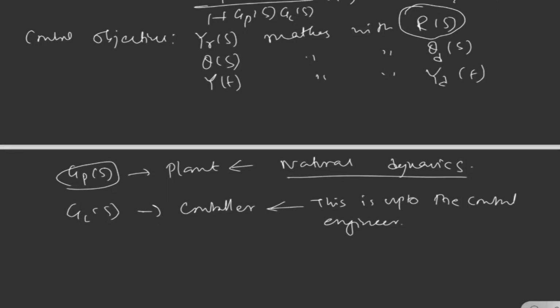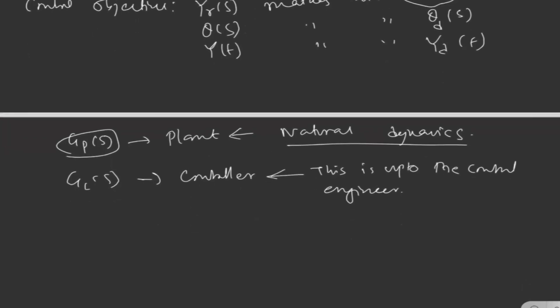So now, if we can design some control algorithm where the magnitude of GC of S is very large, because in control, basically, there are a lot of gains.